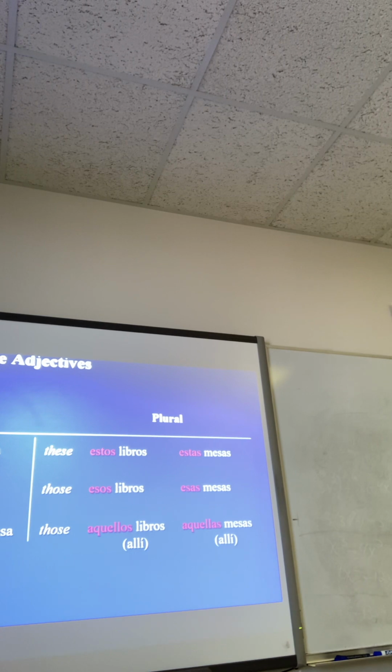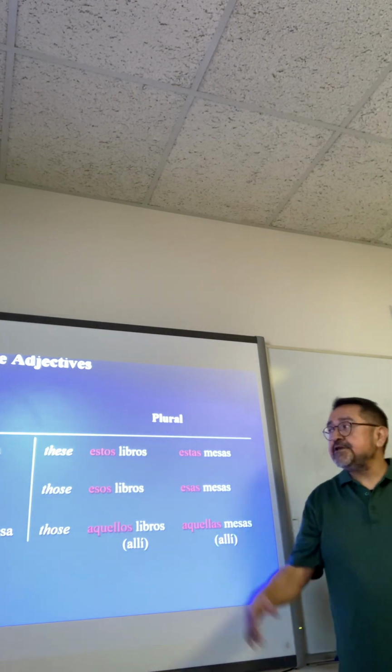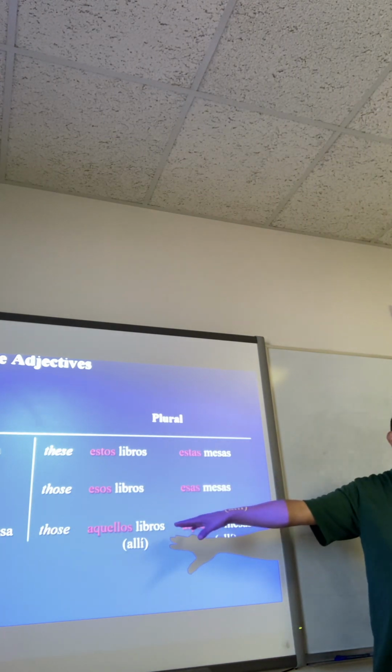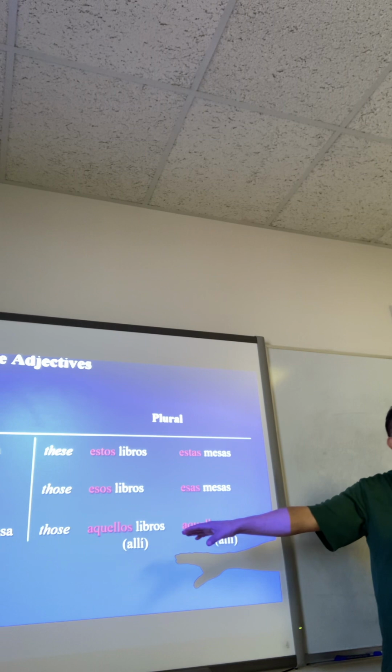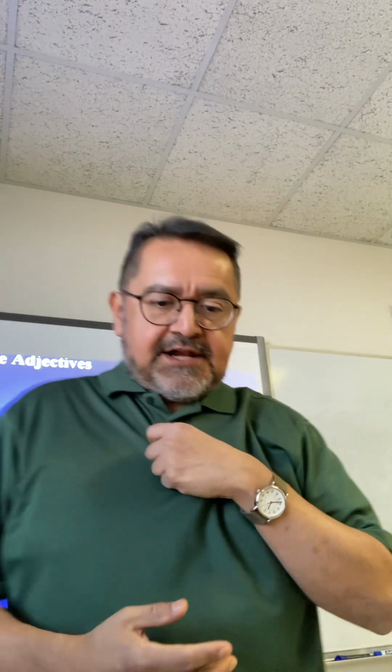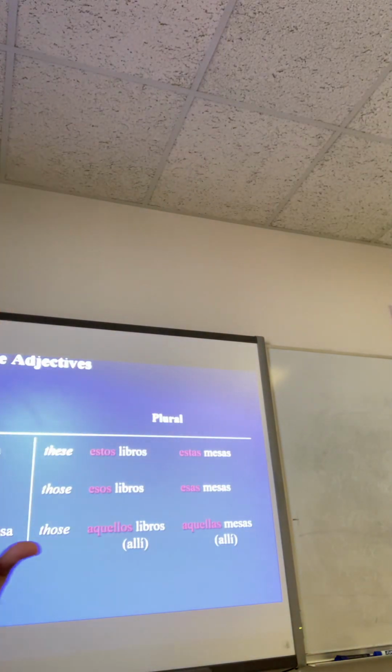In español it's aquel. But please be aware, just as an FYI, most Spanish speakers will only use these four. Even though these are part of the grammar, they're not used that often. It happens, but not frequently. Preguntas on that?